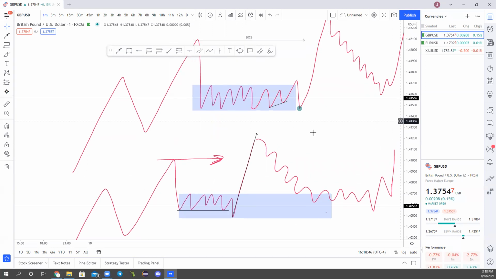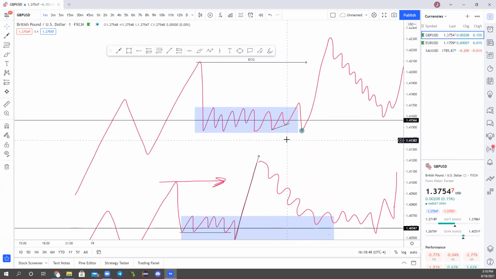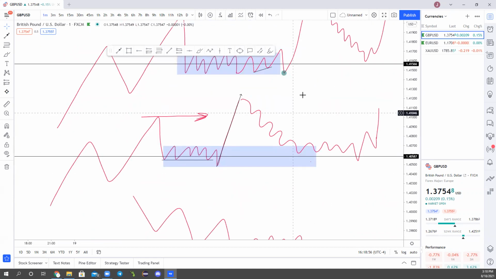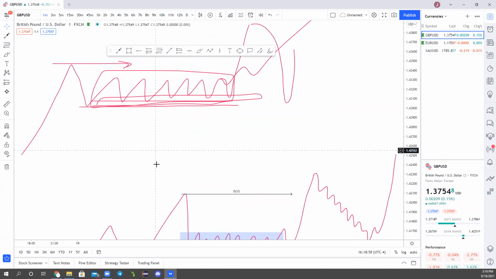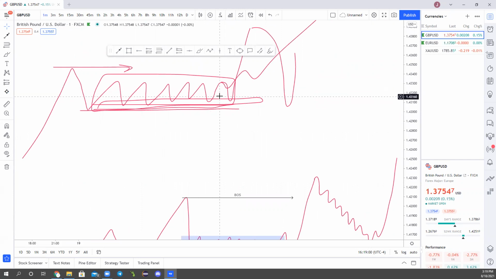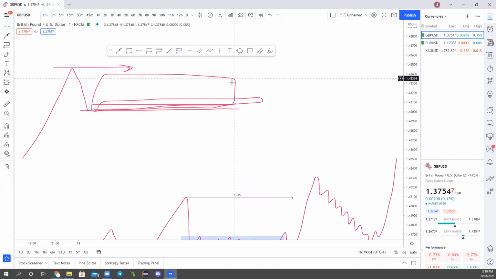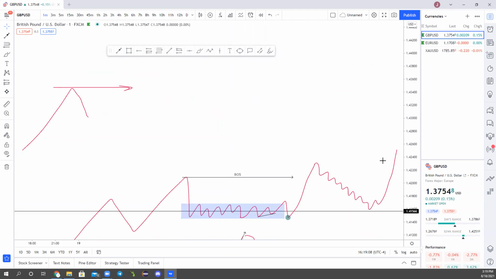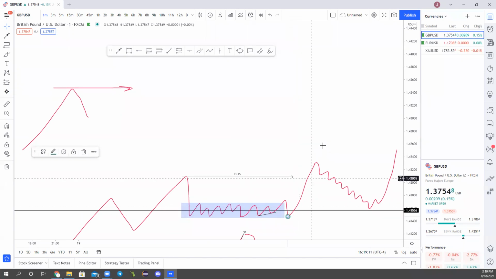But yeah, with something like this, not getting confused, typically what you'll see is, like I said, an example that you don't like, where it's just chop, chop, chop, chop, chop, and then it starts to trickle up. You don't want to see it just trickle up. What I'm referring to here is a really impulsive move down followed by a move up. It's easy to see on the charts.